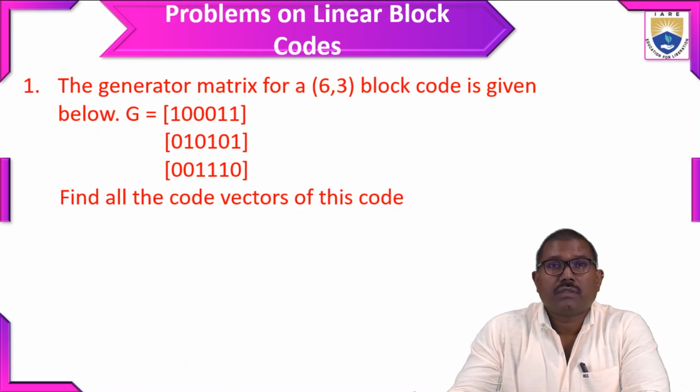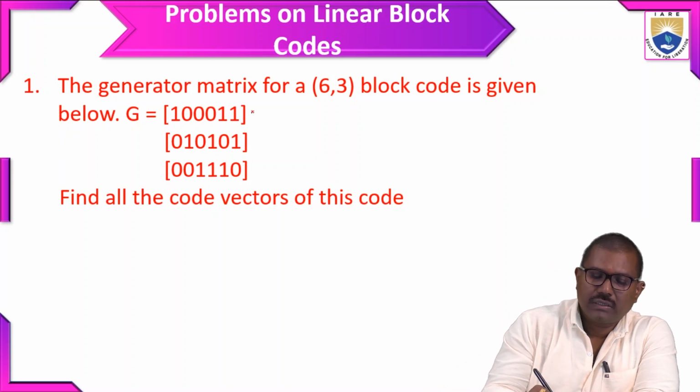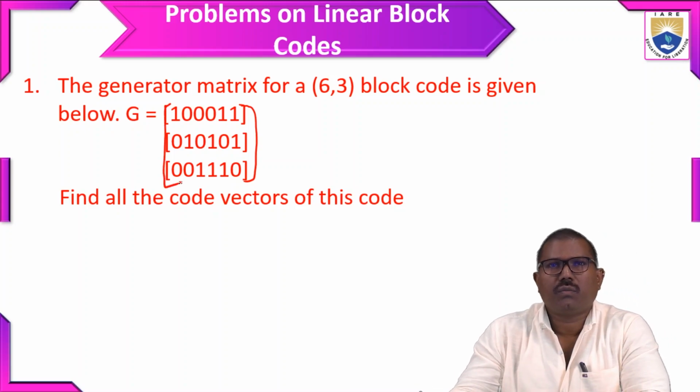In this problem, the generator matrix for a (6,3) block code is given below. So this is the G. Actually, this is the full matrix. So this is a (6,3) block code. So we are going to generate a block code.